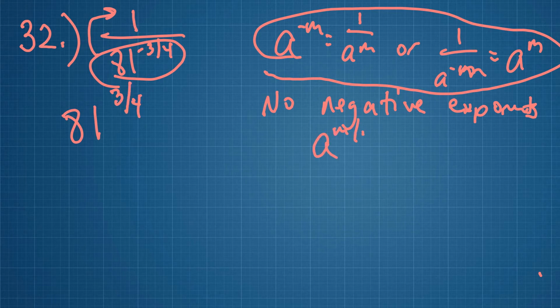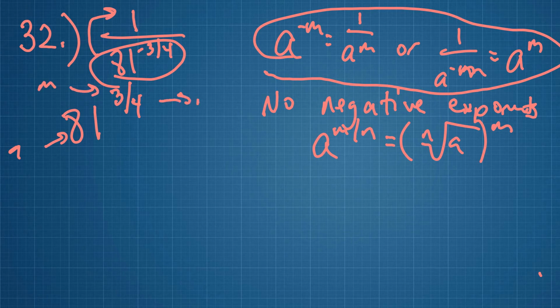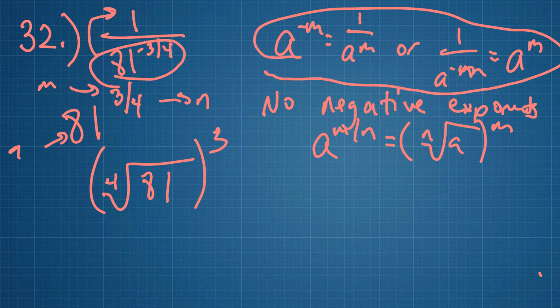Now I get to use my formula, where this is a, this is m, and this is n. So I get the 4th root of 81 all to the 3rd power. A lot of people forget that m's there. It's 3rd power.